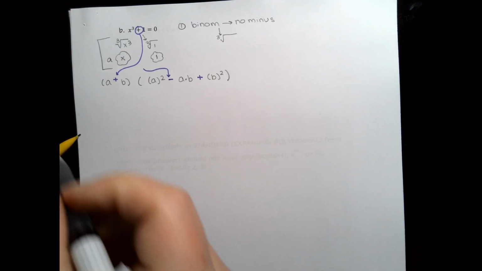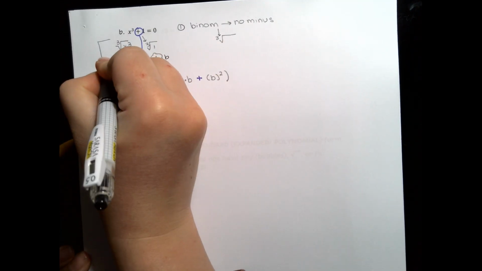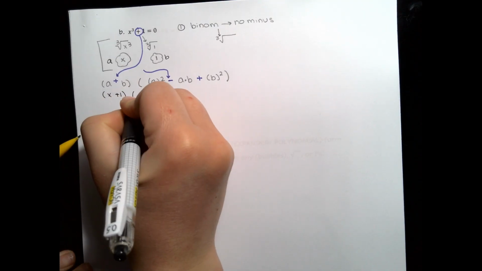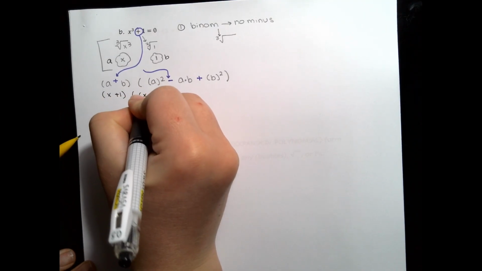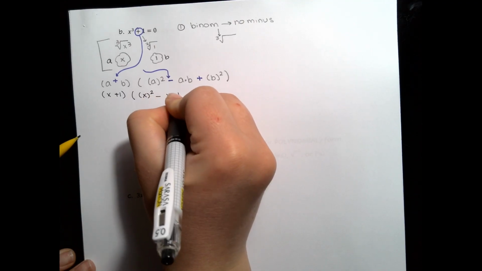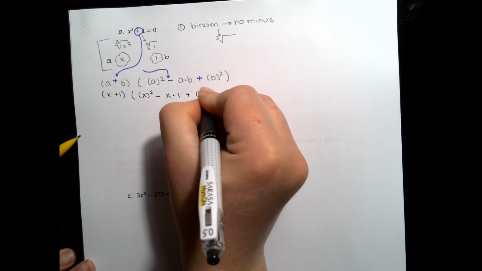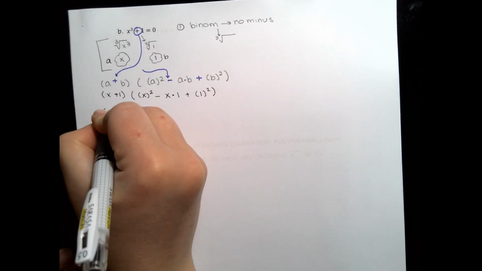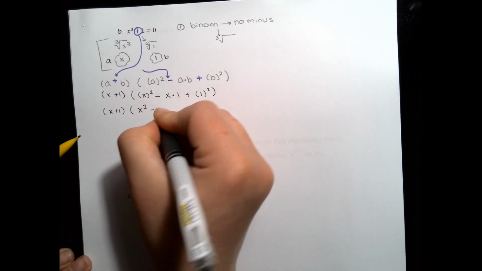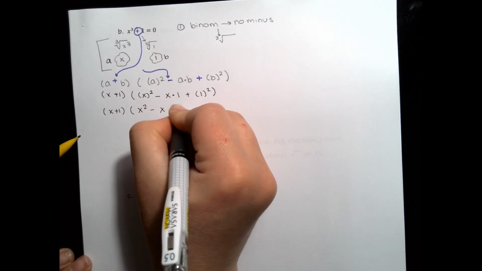So to put in our a and b values, we have x plus 1, x squared, be careful here with the parentheses, x times 1, and 1 squared. Simplify, x plus 1, x squared minus x plus 1.